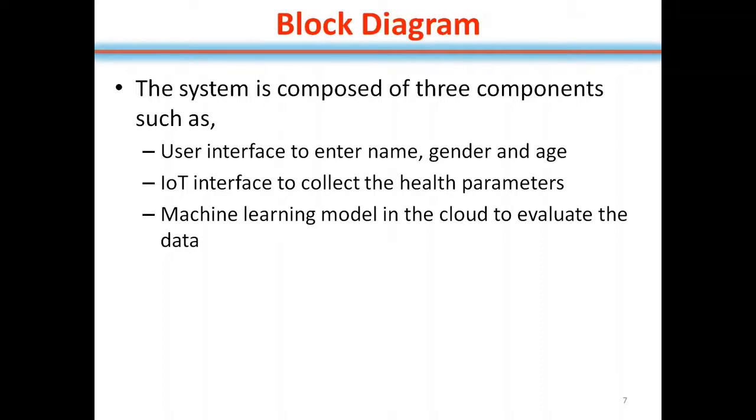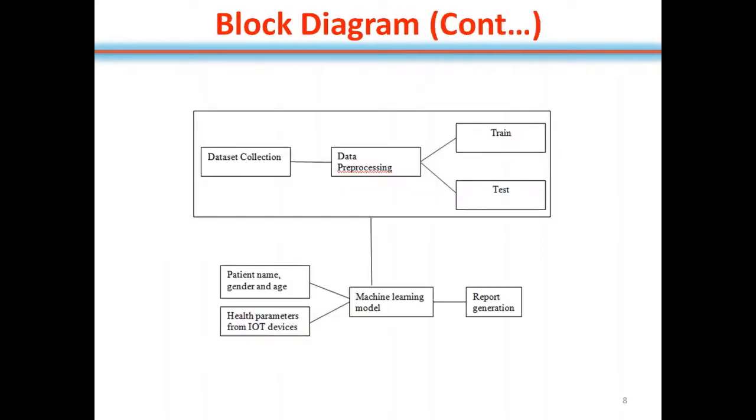This is represented in the block diagram, where you can visualize that the upper block is the part which generates the machine learning model. To generate the machine learning model, first we need a data set.